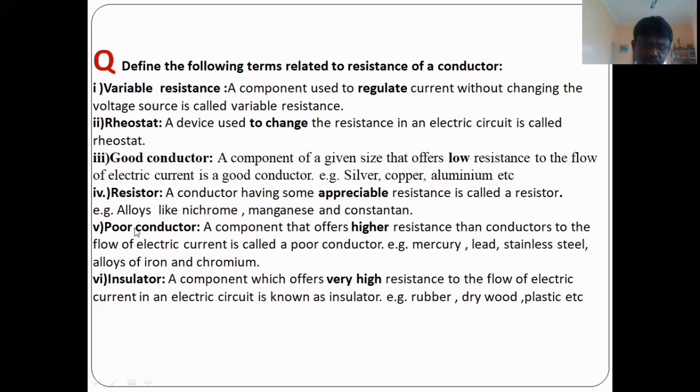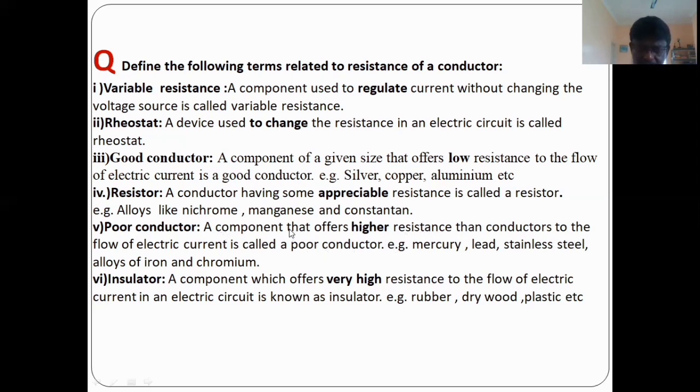Then, how to define a poor conductor? A component that offers higher resistance. Resistance is the property of a conductor that opposes the flow of electric charges. If it is very high, then we say it is a poor conductor.